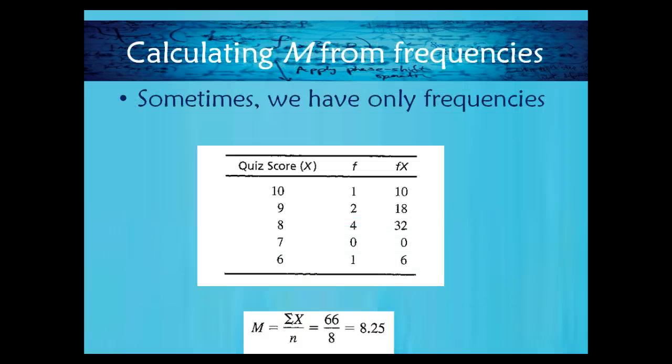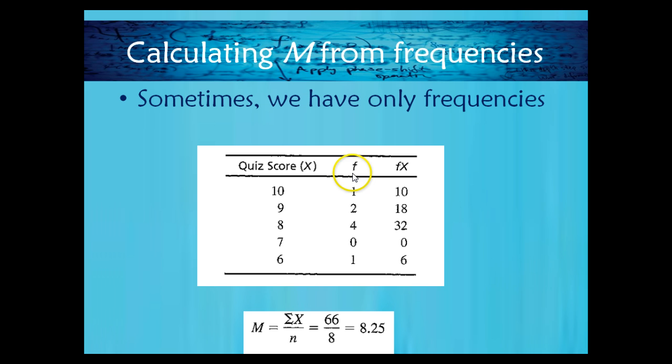Sometimes we only have frequencies with which to calculate our mean. To do that, we can just sum the f times x column, which would give us the value of 66, divided by 8. The 8 is what we get when we add the f's together.